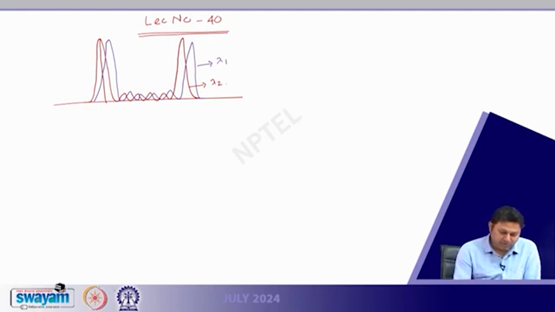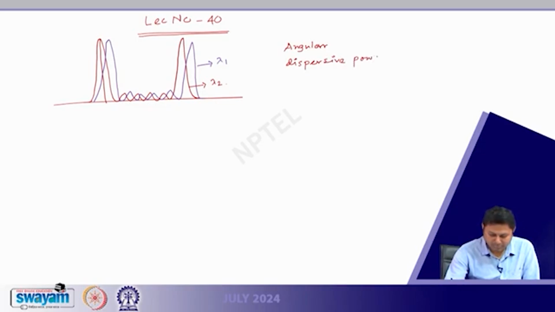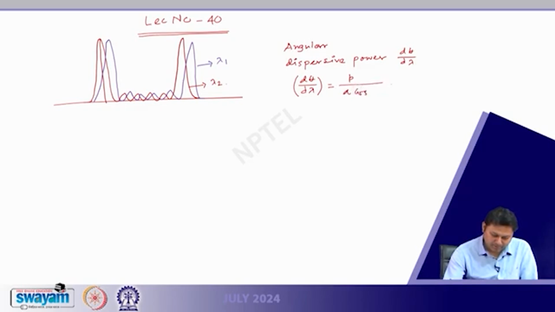So the angular dispersive power is defined by d theta d lambda, and we find that this quantity essentially is P divided by A and then cos theta.